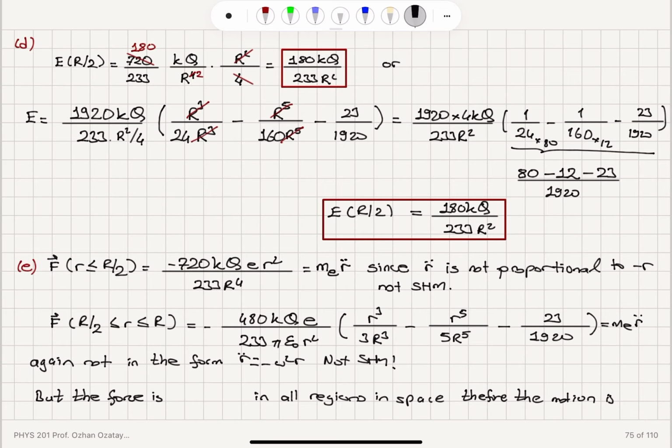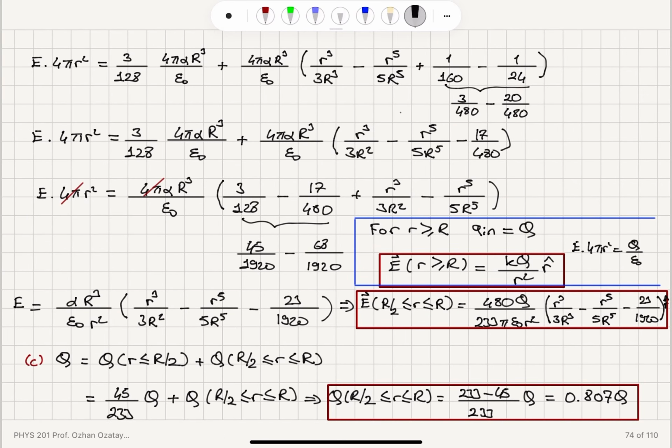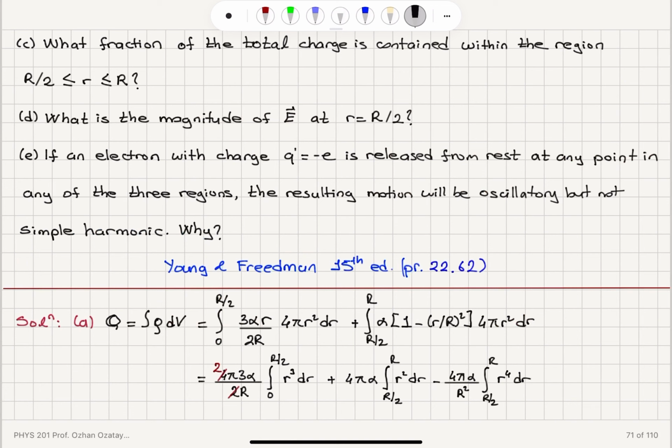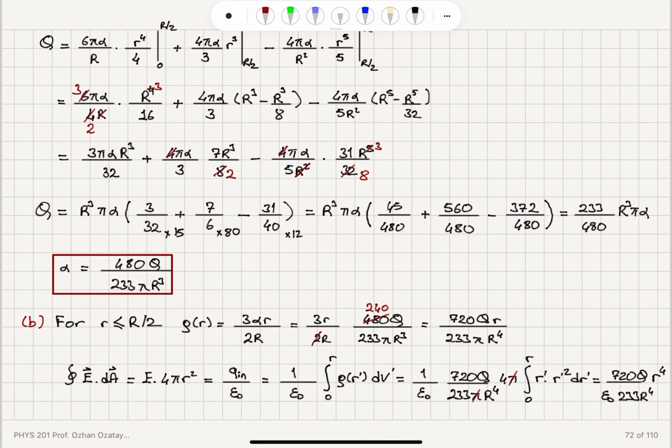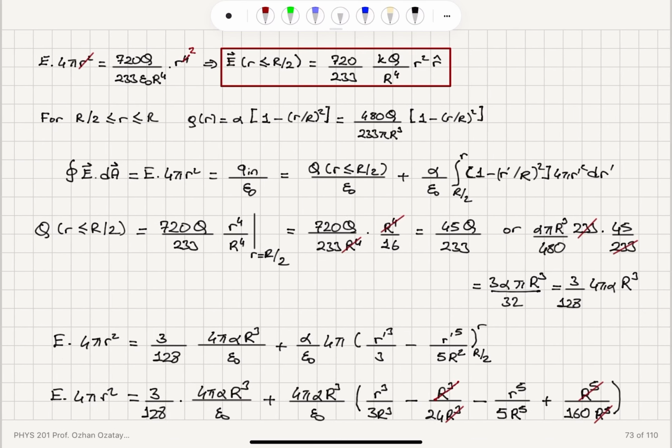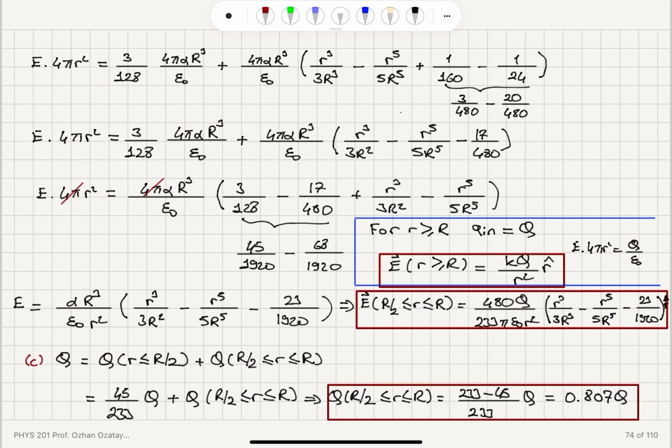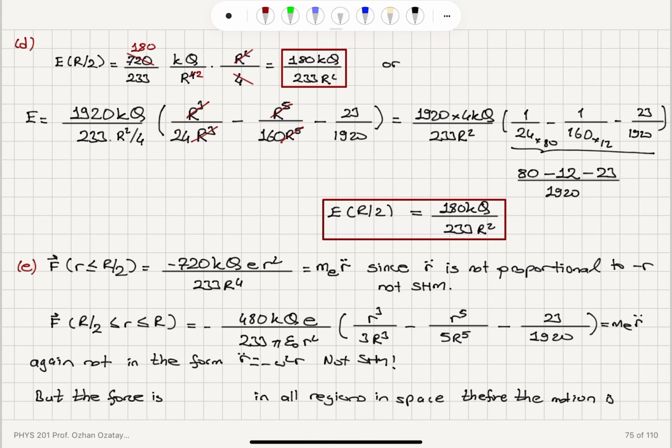Okay, and in the region outside of the spherical region, at any point in one of these three regions, for the electron released outside, let's see the force, it will be kq over r squared multiplied by minus e. That's the force it will feel.